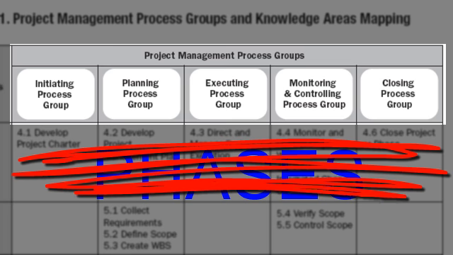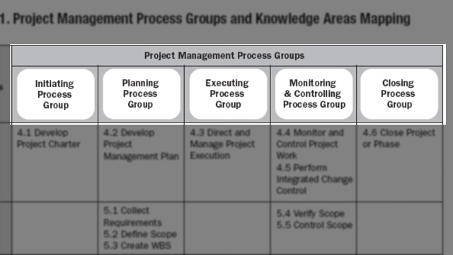Again, these 5 process groups are not the same as project phases. In a simple project, these 5 process groups may span across the entire project. Or, in a more complex project, these 5 process groups may repeat in each phase.